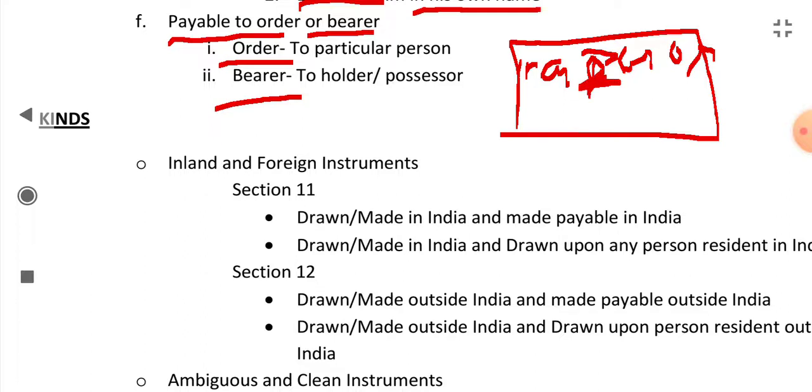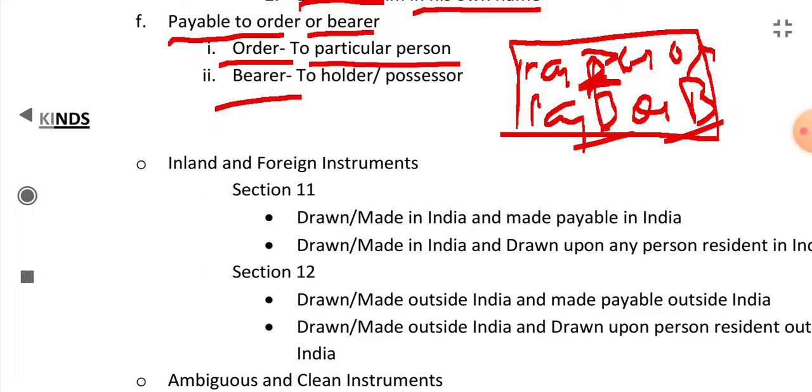If on the instrument it's written pay B or bearer, then the payment can be done to B or anyone who is holding that instrument, who is in possession of the instrument. So in order, the payment is done to a particular person, and in bearer, whoever is the holder or possessor of the instrument will get the payment.